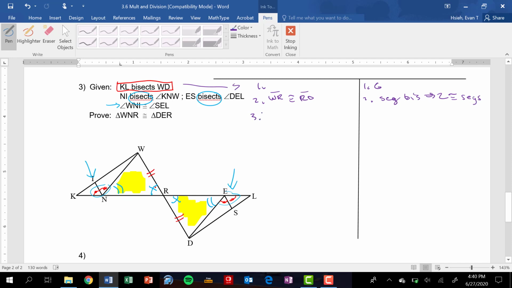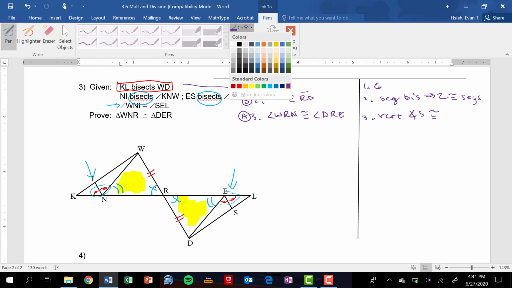Step 3, let's just get the vertical angles out of the way. Angle WRN is congruent to angle DRE. Vert angles are congruent. Okay, so that gives me a side, an angle, and I need one more piece.